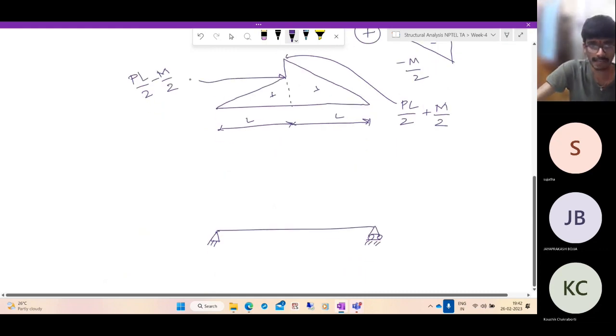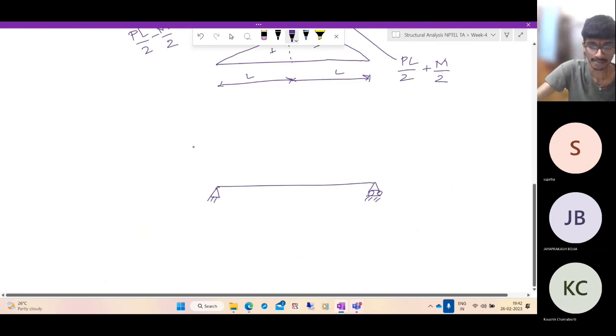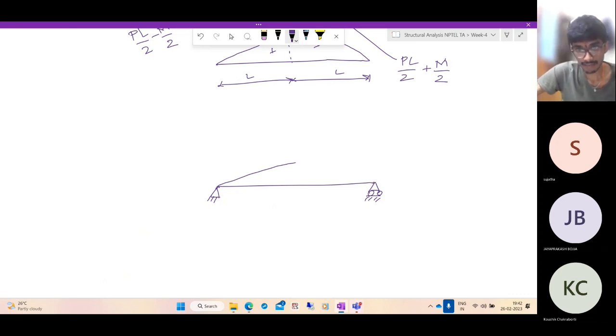Here we have PL minus M by 2 divided by 2EI, right? So this will be further reduced. And this side we have PL plus M by 2 divided by EI. So it is much bigger. It's like this. And both the moments are positive. So the loading is upwards.